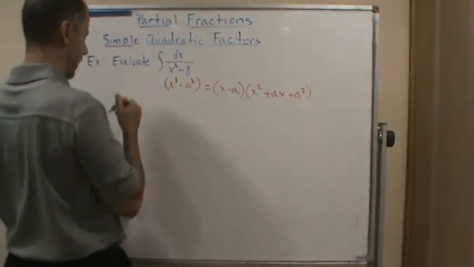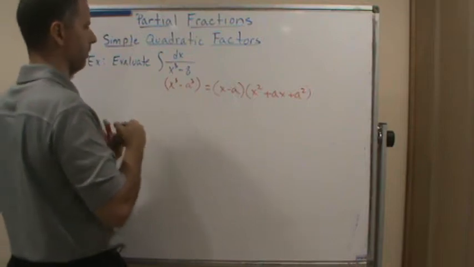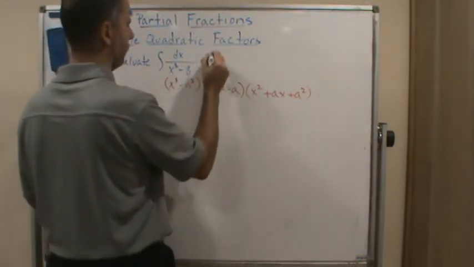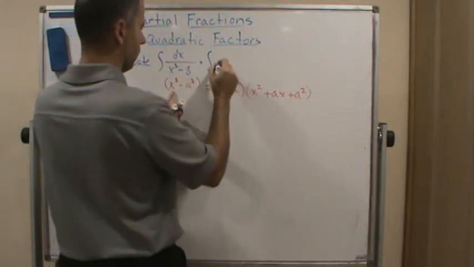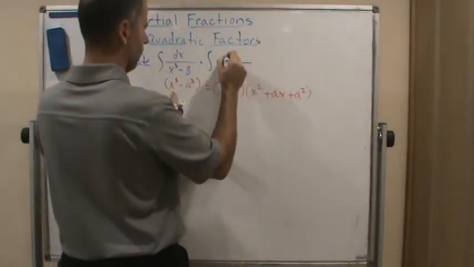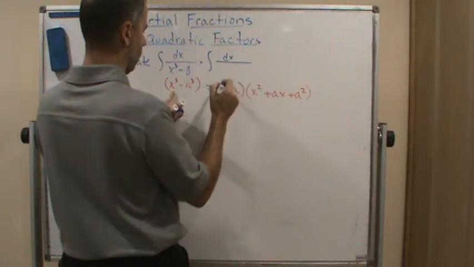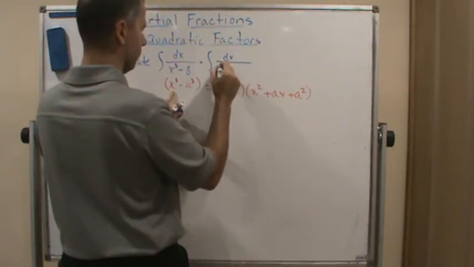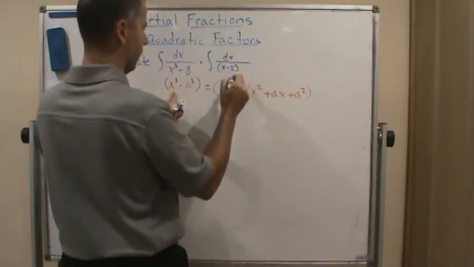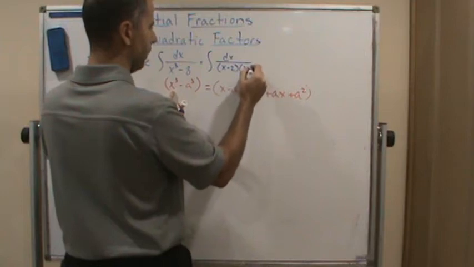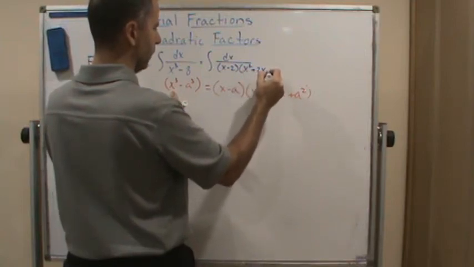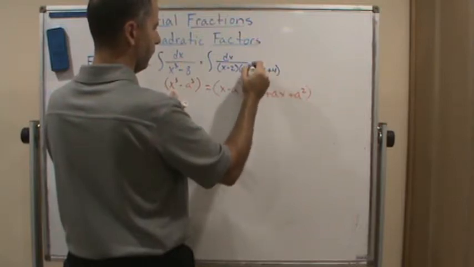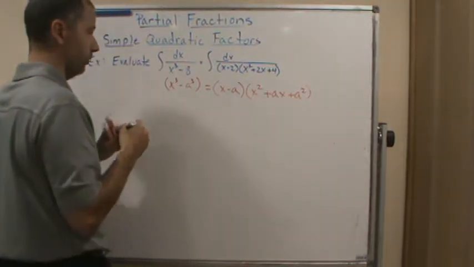Okay, so now we're going to rewrite this as the integral of dx over x minus 2 times x squared plus 2x plus 4.